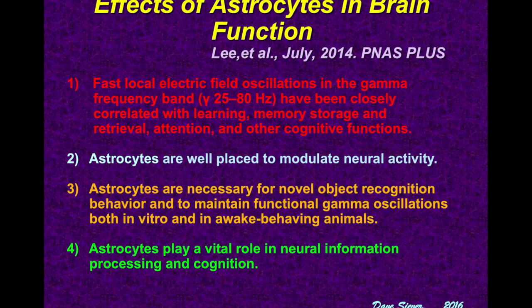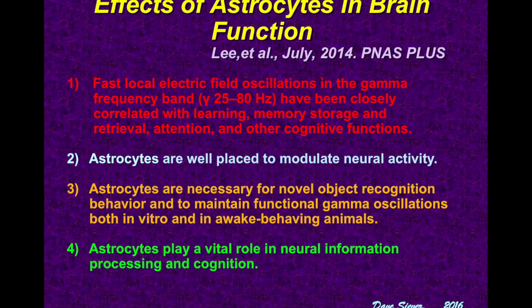Astrocytes are well placed to modulate neuronal activity. Astrocytes are necessary for novel object recognition behavior and to maintain functional gamma oscillations both in vitro and in awake behaving animals. So what we're saying here is that astrocytes are responsible for maintaining that frequency band from 25 to 80 hertz.